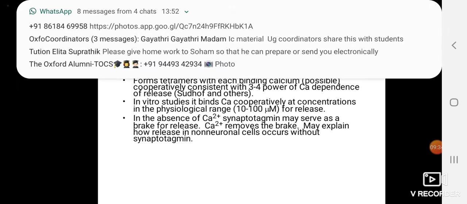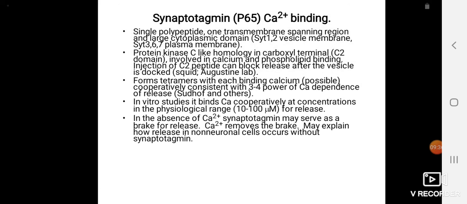That means there are two calcium binding sites in this protein, wherein the calcium binds and forms a tetramer, with each calcium binding with cooperativity and consisting of a third to fourth power of calcium dependence of the release.